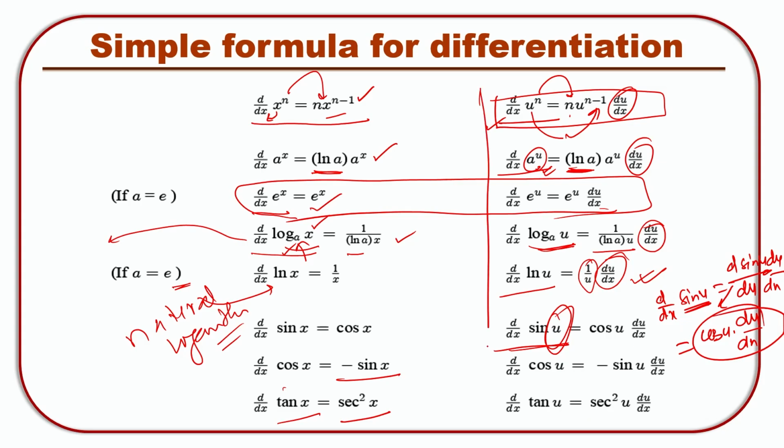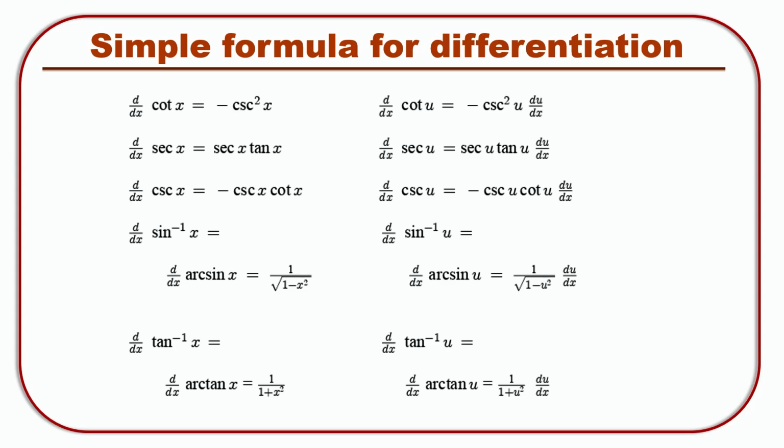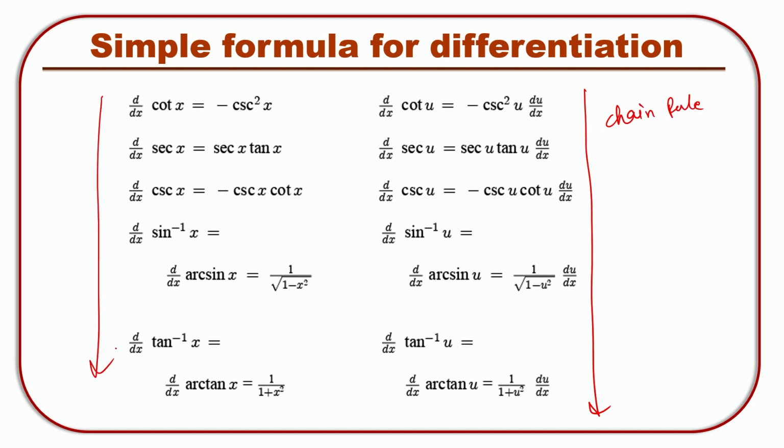So, as you can see here, the whole right hand side uses the chain rule, as u is a function of x. But here there is no need to use the chain rule, it's the direct formula we have to use, right. Similarly, the same thing is here. All those on the right hand side use the chain rule, and this one has the direct formula.